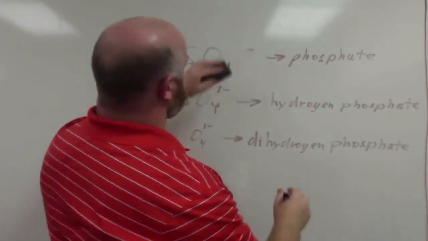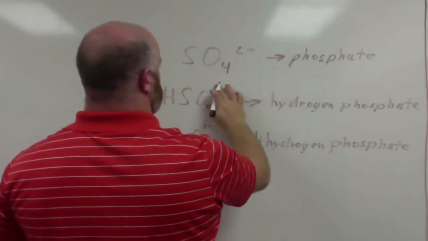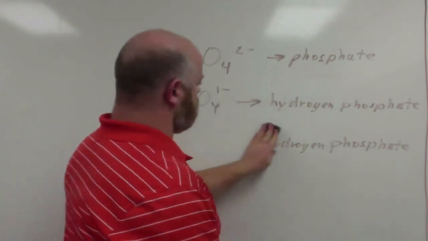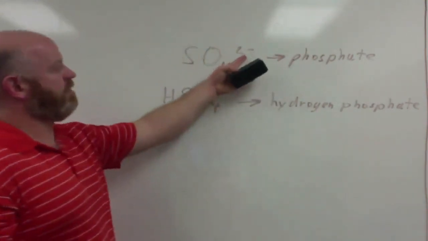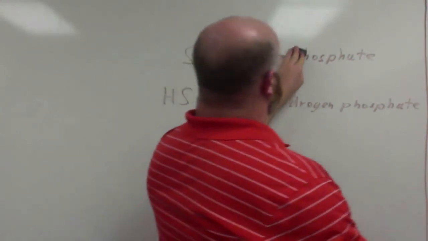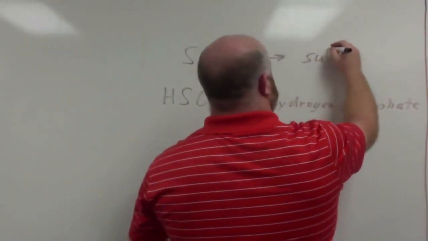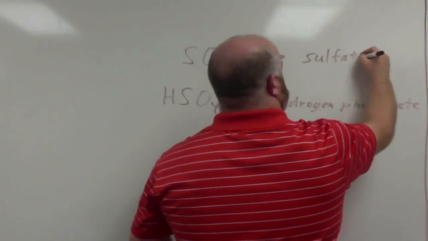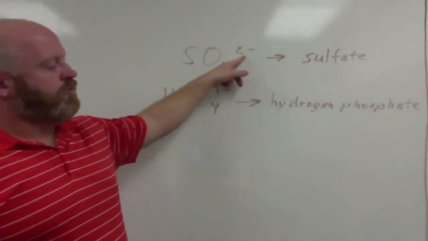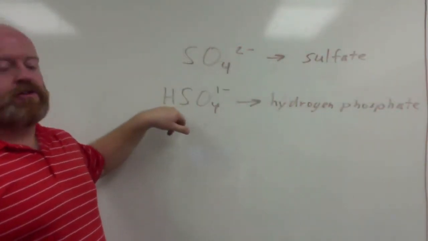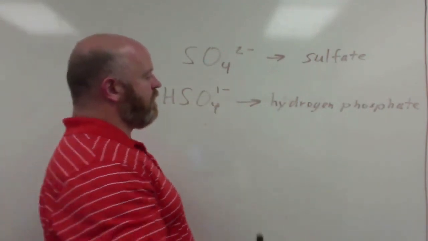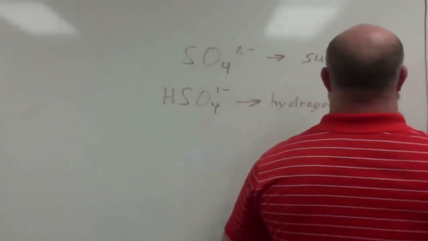Okay? The same thing can happen with your sulfates. But sulfate starts with a -2 charge. So it can only add 1 hydrogen to it for a -1 charge, and we call that hydrogen sulfate.